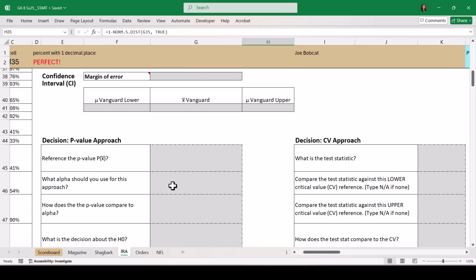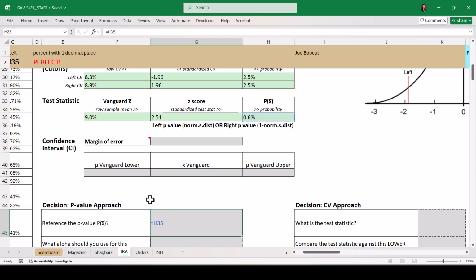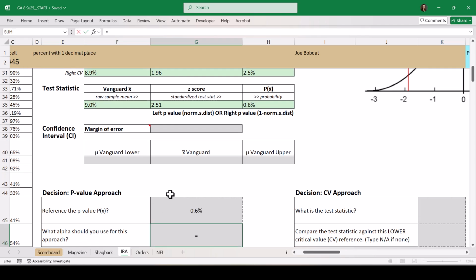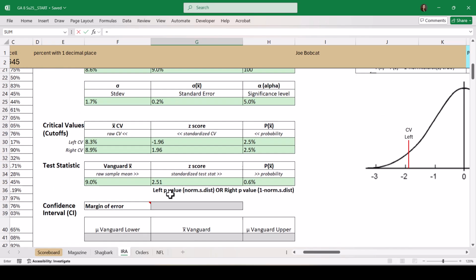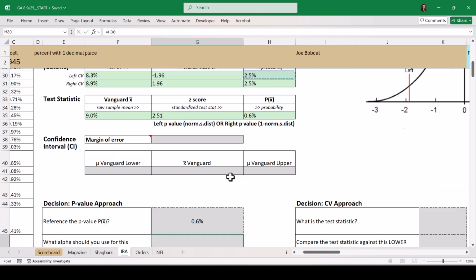All right, so let's answer these questions. We want to reference the p-value. Our p-value was 0.6. What alpha did we use in the p-value approach? We used 2.5%. I'm not going to reference the alpha for the entire test, because we had to divide it into the two tails since we did a two-tailed test.